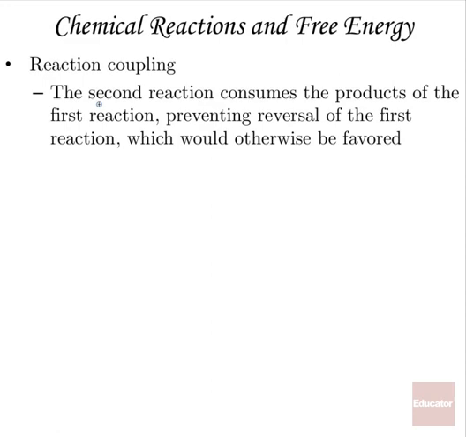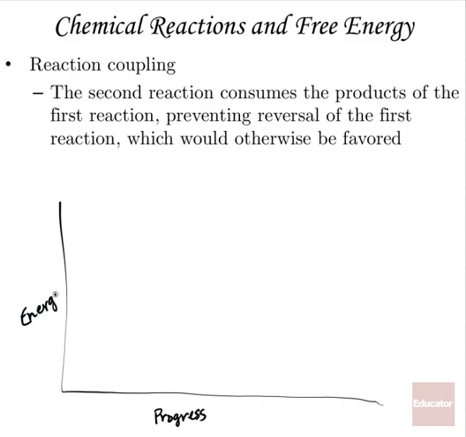So if you can, let's say, have, in the big scheme of things, here's our progress. Here's the free energy. Right, and that's going to go that way. What you could actually have here, right?